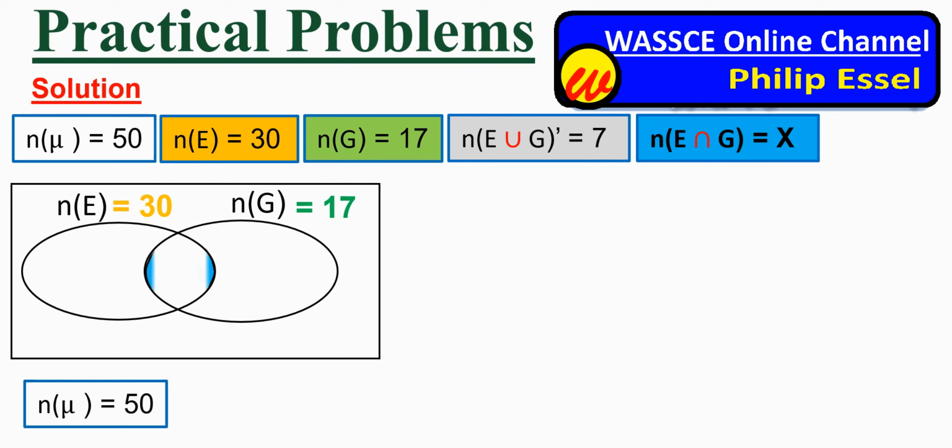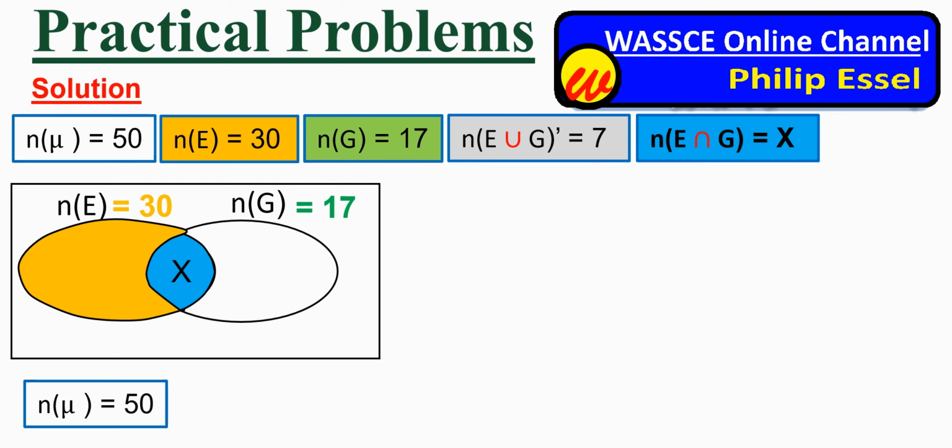Now, the whole circle E, or economics, represents 30 students. So if you are asked to tell the number of students that will be in the orange region, what would be your answer? If the whole circle is 30 students and the blue part of it is x, then the orange part of it should be 30 minus x.